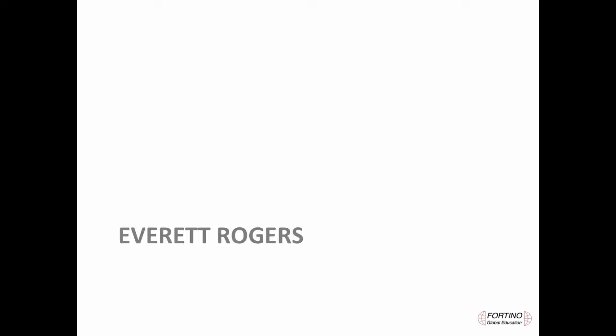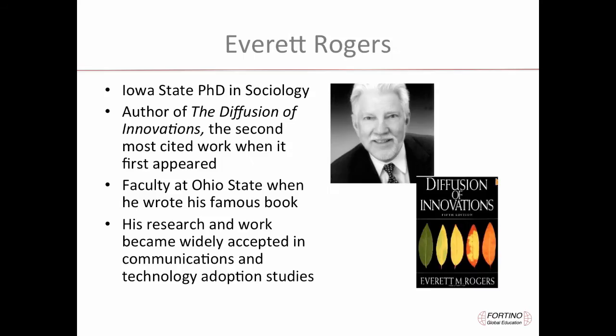The man who observed this and gave us the classic model of diffusion, which has since been embellished and modified and changed somewhat, but the foundational model, which still holds true, is this gentleman, Everett Rogers.